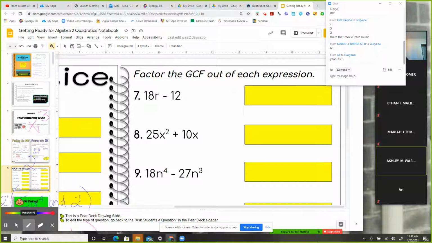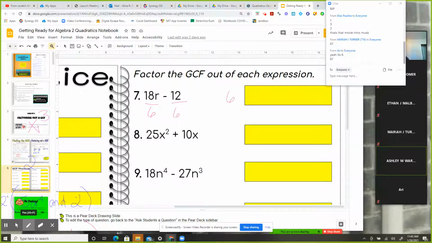What can I divide both 18R and 12 by? Still 6? Yeah, absolutely.